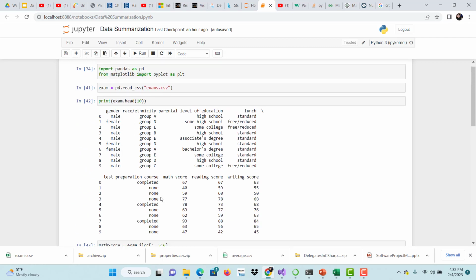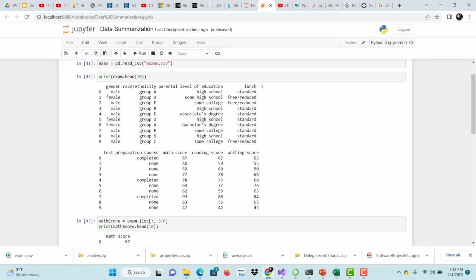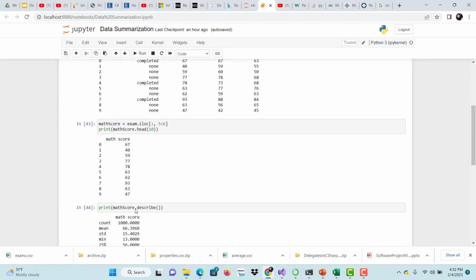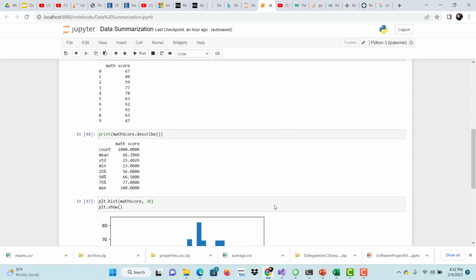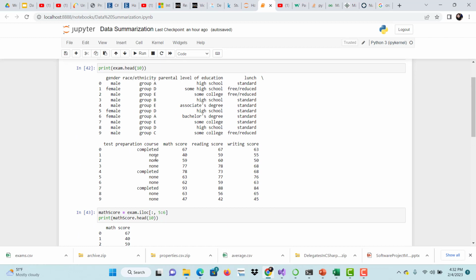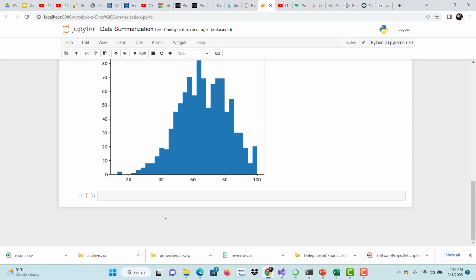The last thing I want to add is how to read categorical data, like here gender, lunch, test preparation course. We want to know how many students completed the test preparation course and how many didn't. That's pretty easy. We fetch this column again, use this formula.